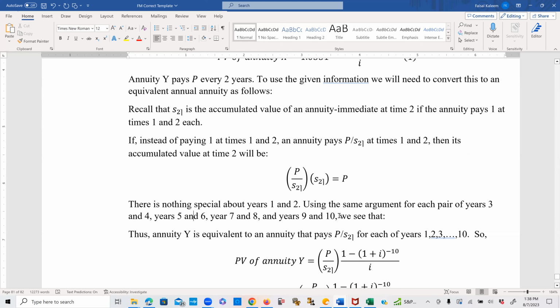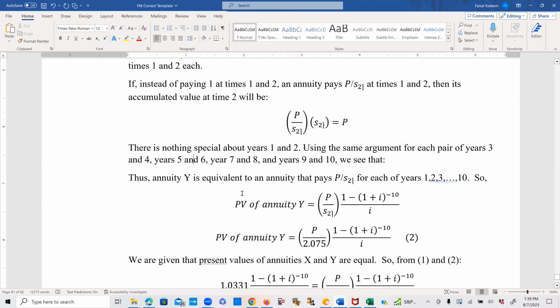So what we are seeing is that paying P at the end of 2 years is the same as paying P over S2 each year. Because if you pay P over S2 each year, we see that the accumulated value at the end of 2 years is P. So Y is equivalent to an annuity that pays P over S2 for each of years 1, 2, up to 10.